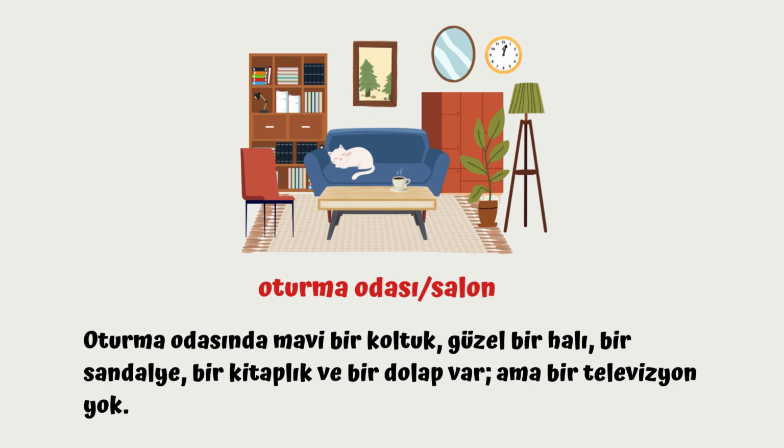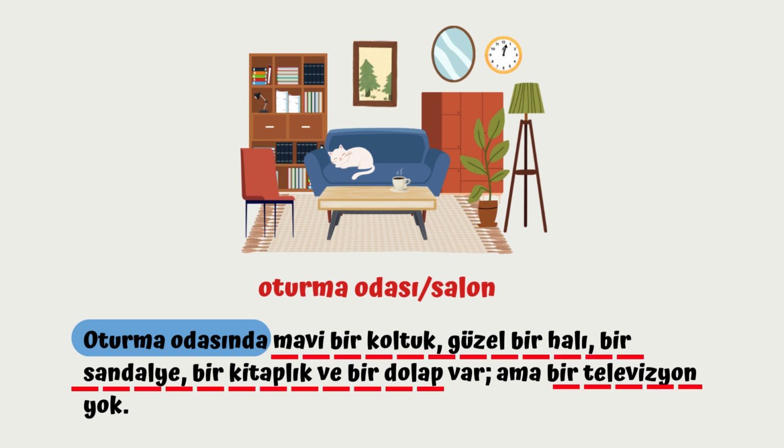So as you see, the sentence starts with oturma odasında. So that means in the living room. And then we list the items using numbers and adjectives. And the sentence ends with var or yok. So let's take a look at this one.